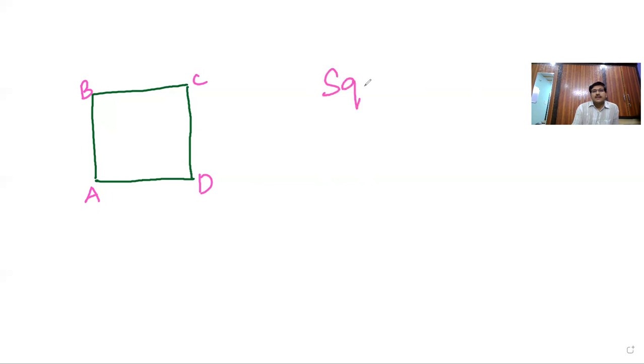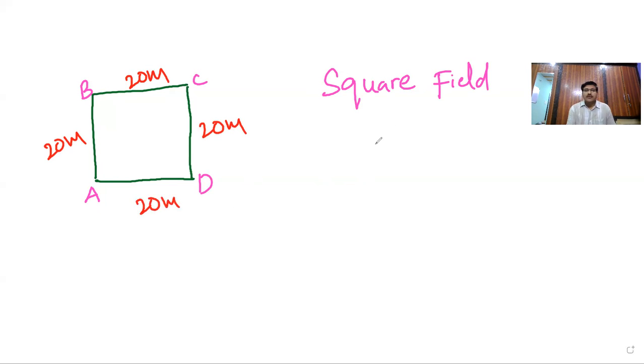Here I write clearly, square field it is. Now the side of the square field is 20 meters. All are the same side, 20 meters.